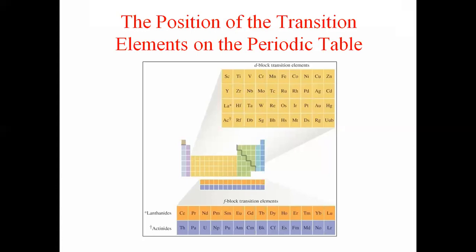The series is named the 3D series because in the first series, the new or incoming electron gets added to the 3D orbital. Similarly, the second series is named the 4D series of elements; the incoming electron enters the 4D orbital.